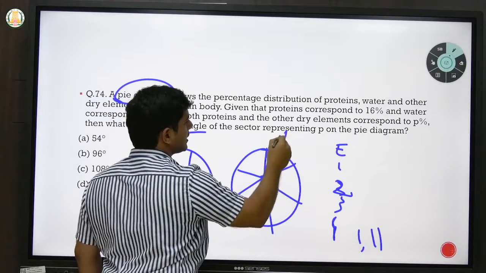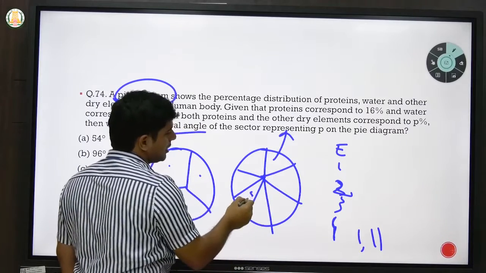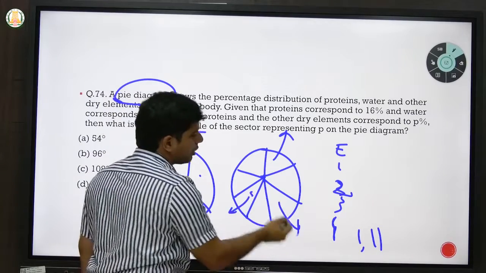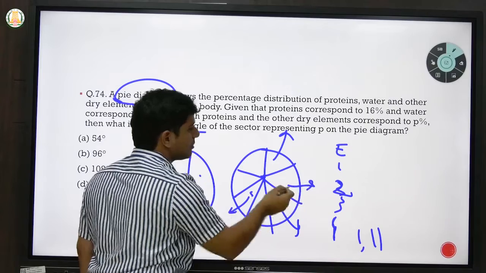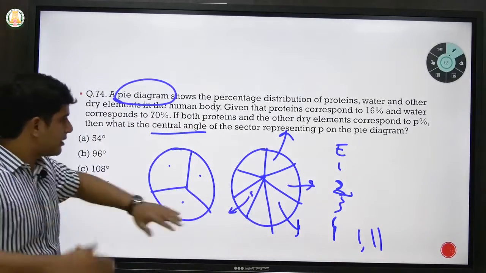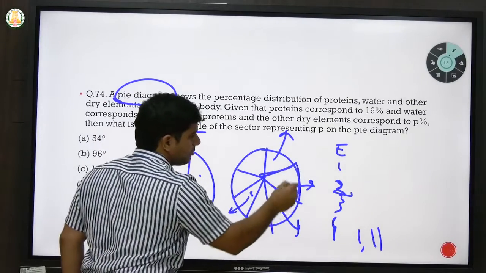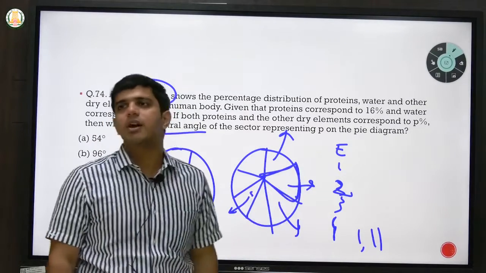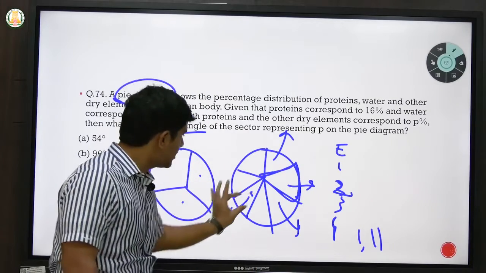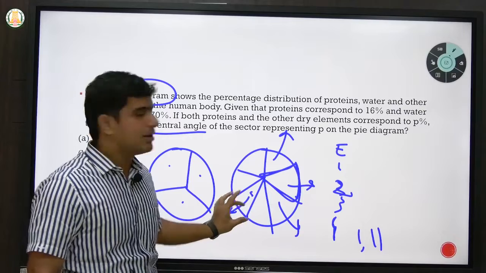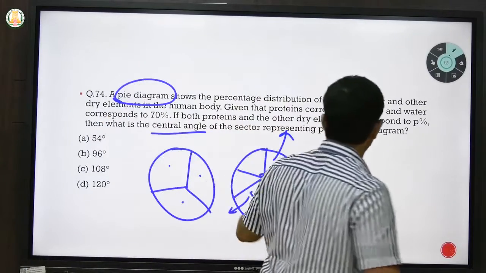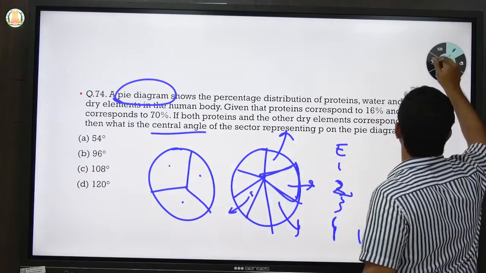Say you did very well in the essay, but the piece for GS3 is very small, meaning you got very little there, you did very well in optional 1, and you got decent marks in optional 2. Just by looking at the size of each piece, I can easily tell how you performed based on the relative size. If it is very small, you have performed very poorly; if it is very big, you have performed very well. That is why we use a pie diagram.